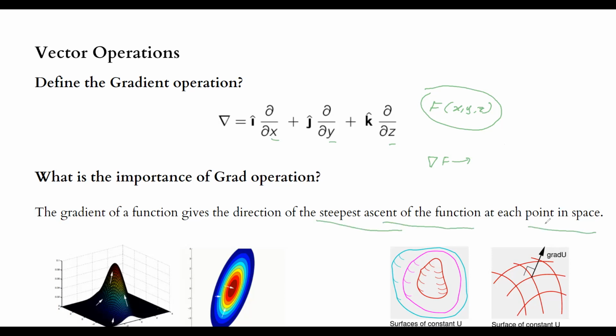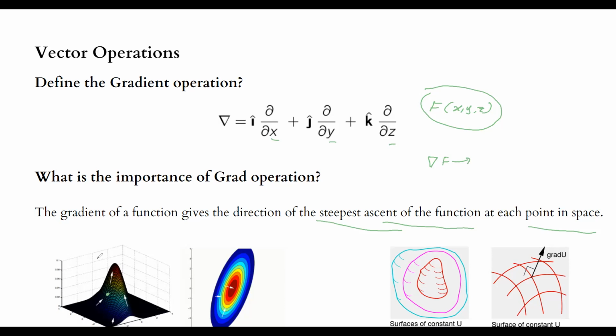That means that if we have a function shaped like a mountain, and we take the grad of that mountain at a specific location, the grad operation will show us the direction in which the maximum point is happening in that function.